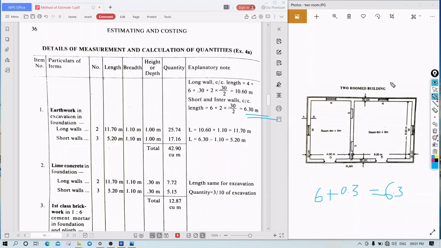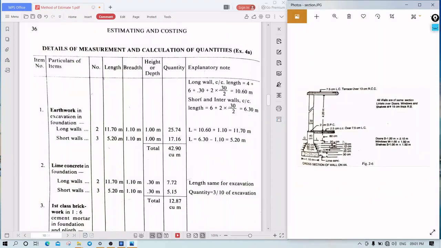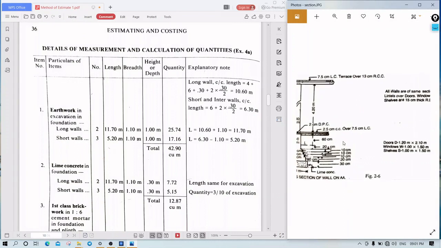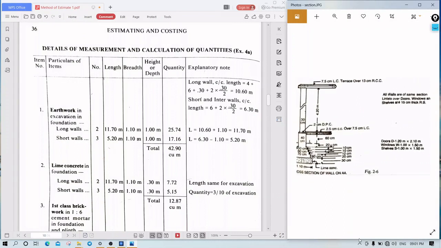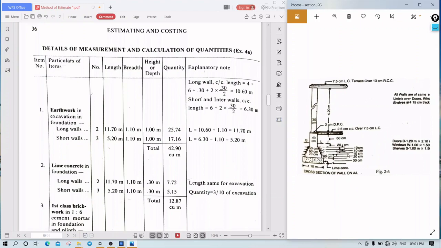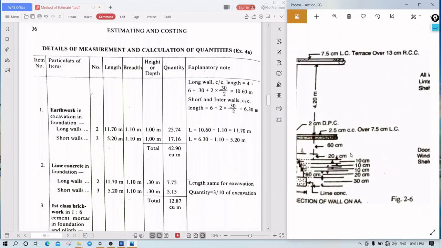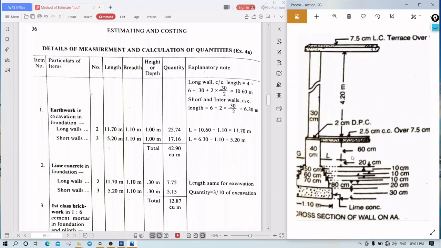Once we know the center line length, what do we need to do? We need to focus on this cross section. What are the commodities we need to know?